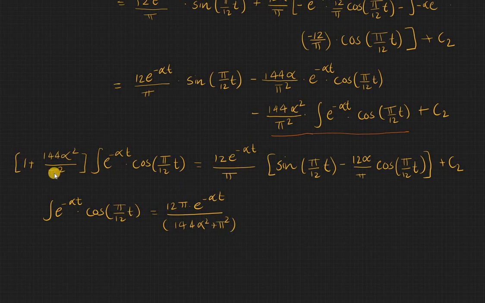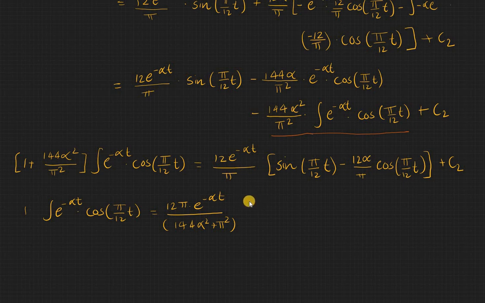So basically we are multiplying this pi square here, which will be pi square plus 144 into alpha square divided by pi square, and we are dividing that complete term on both sides. So on this side we'll get this, and here we will have 1 basically.